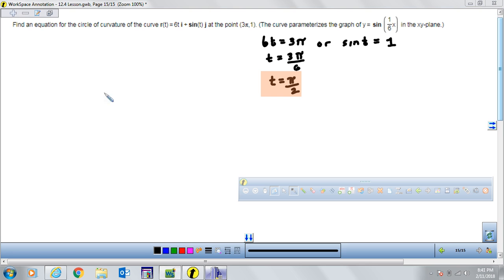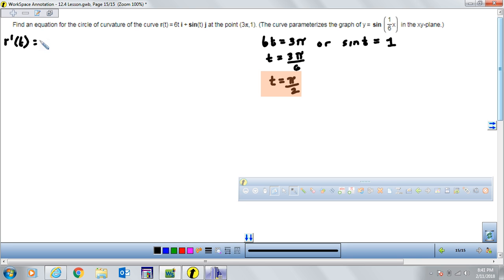All right, to be able to get the normal vector, we need to find several things. We need to find the tangent vector, the unit tangent vector, and then the derivative and its magnitude to be able to get the unit normal vector. Okay, so there's a little scratch work to do before we can get to that point. So let's first of all find the derivative of the position vector.